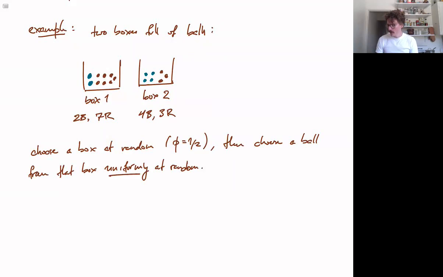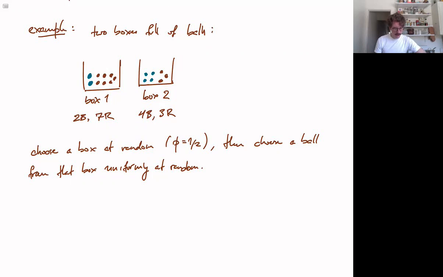So since we're choosing uniformly, that means, for example, if we choose box 1, there are 9 balls total. So each ball has a probability 1/9 of being chosen. Box 2 only has 7 balls. So the probability of each ball in box 2 getting chosen, if we chose box 2, is 1/7.